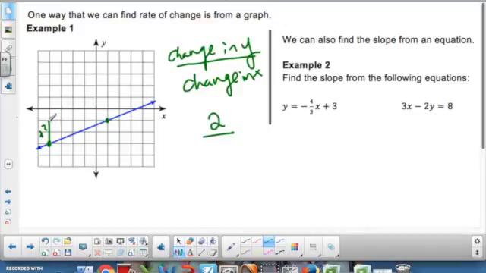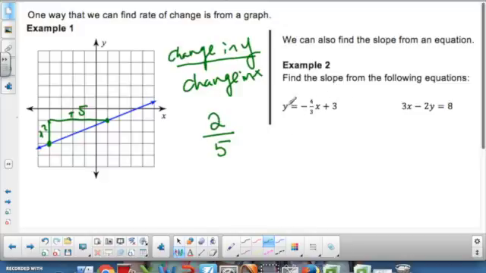Then my change in x, to go from this line where we found our first point to my second point, I go over 1, 2, 3, 4, 5. Because I'm going to the right and moving towards the positive values on my x-axis, that is a positive 5. So then my change in x is positive. So that means that the slope of this line is 2 over 5.